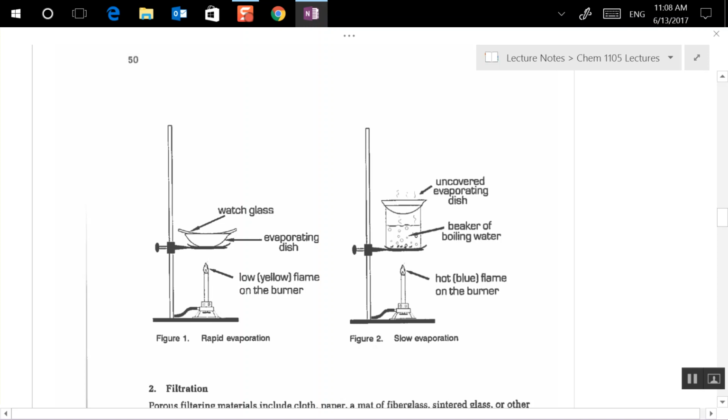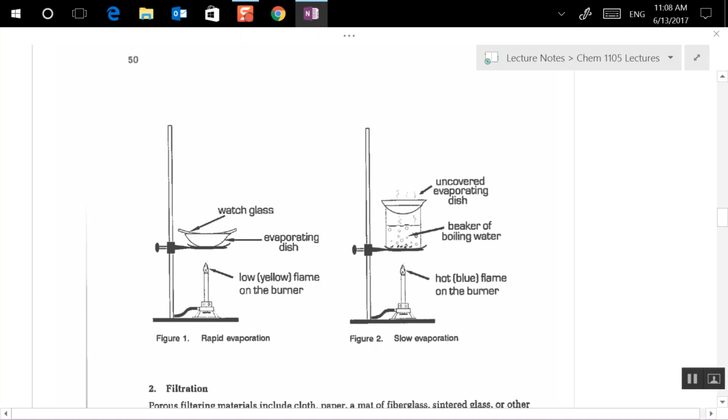You put it in an evaporation dish like this. The reason they put this watch glass over it is to keep it from sputtering out at the end. But once all the water boils away, you would be left with that water-soluble component in the dish.